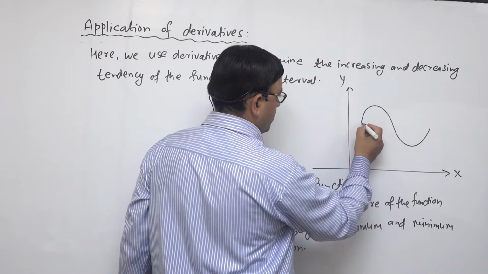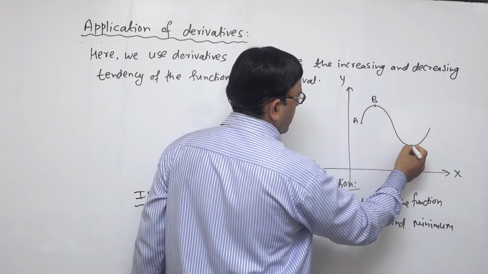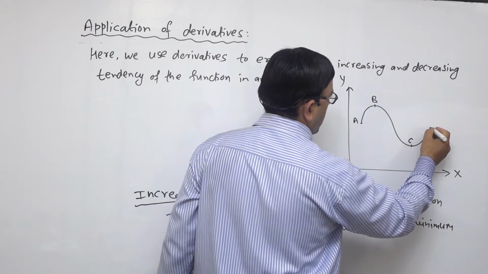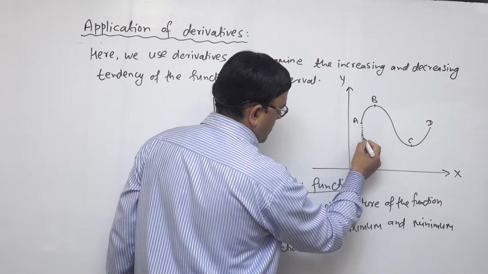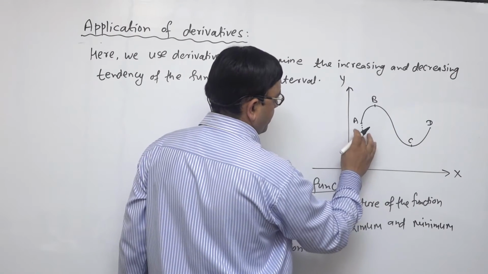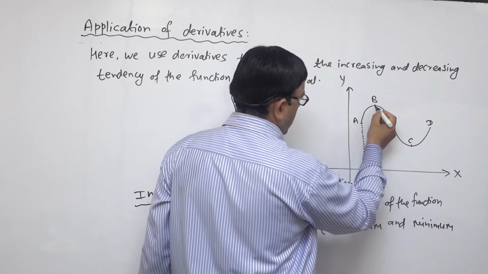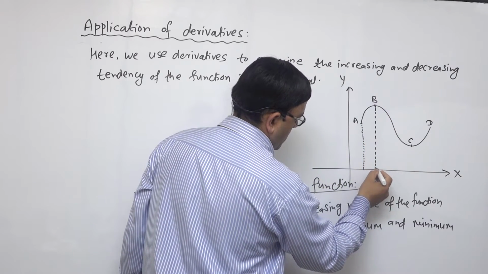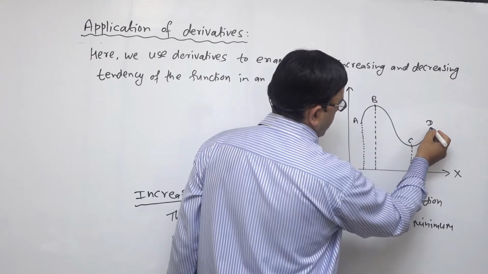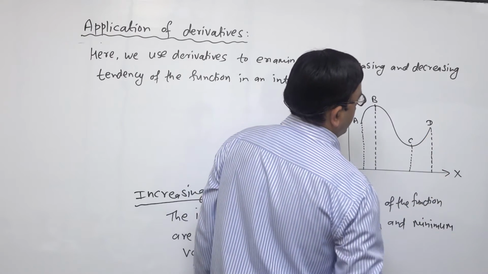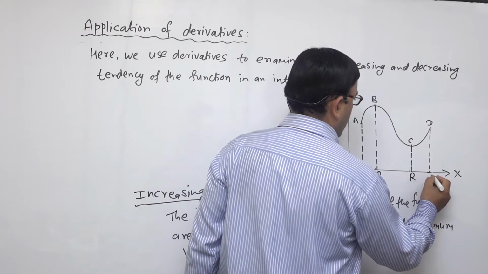This point is A, and the maximum point we can write D. Let us draw perpendiculars by dotted lines from the points A, B, C and D, and give them the names P, Q, R and S.